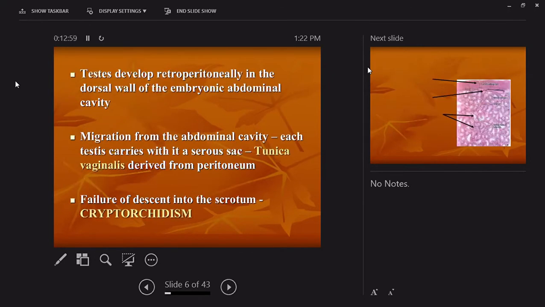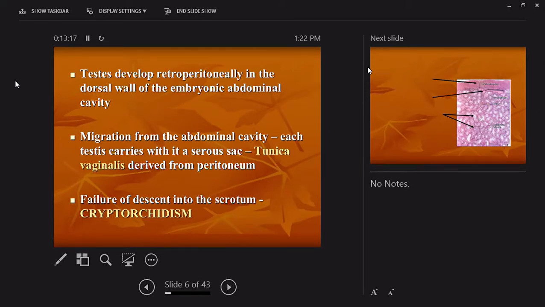Testes develop retroperitoneally in the dorsal wall of the embryonic abdominal cavity, then migrate from the abdominal cavity.